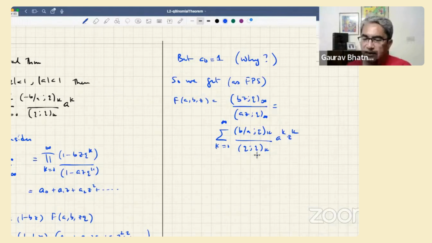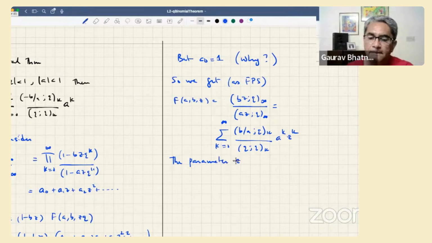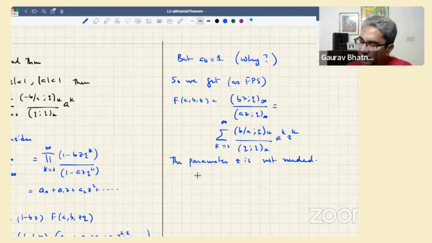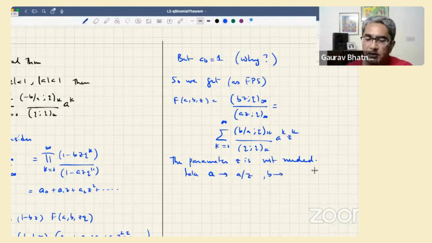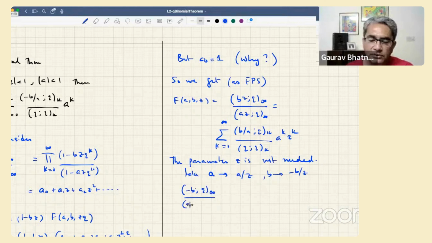And now z is redundant. This parameter z is not really needed, so we can get rid of it. So we take a going to a over z, b going to minus b over z, to get it in the form that Ramanujan wanted.